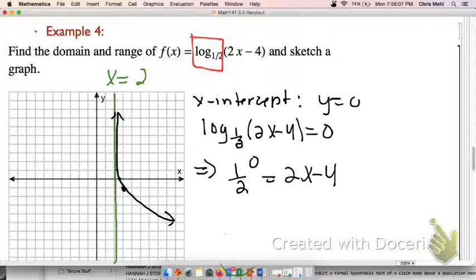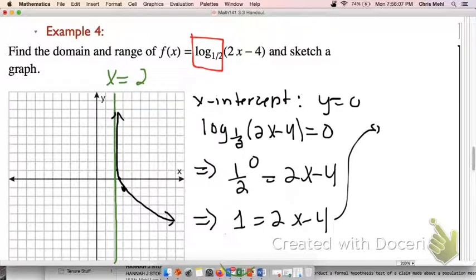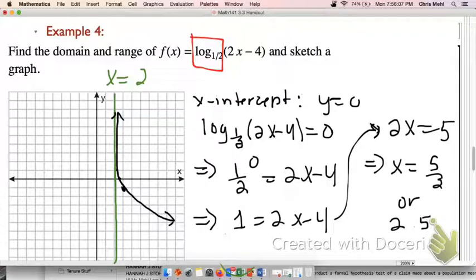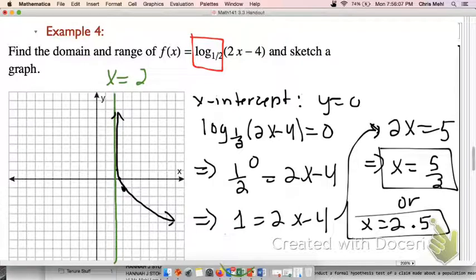So you get the input back. On the left, 1/2 to the 0, or anything to the 0, is 1. And you get 2x minus 4. If I add 4 to both sides, you get 2x equals 5. And dividing both sides by 2, you get x equals 5/2, or in other words, x equals 2.5, which is exactly where the graph crossed the x-axis.